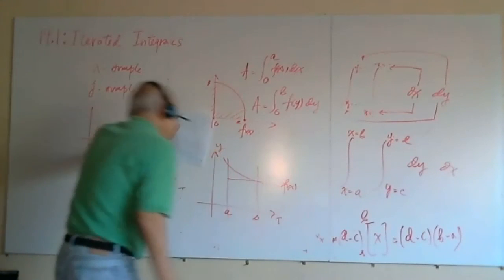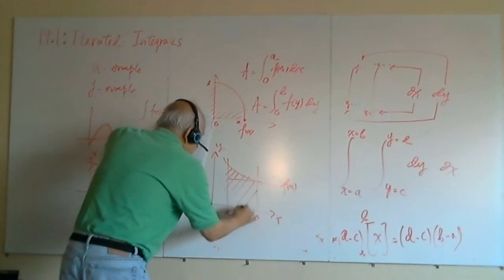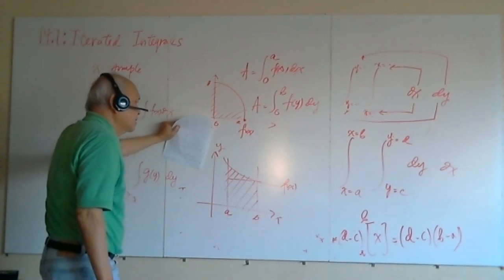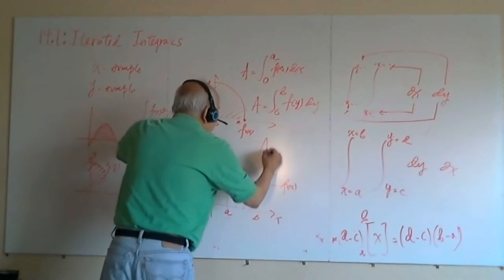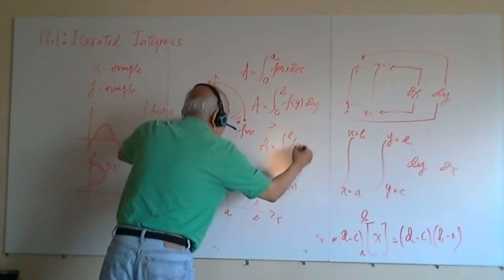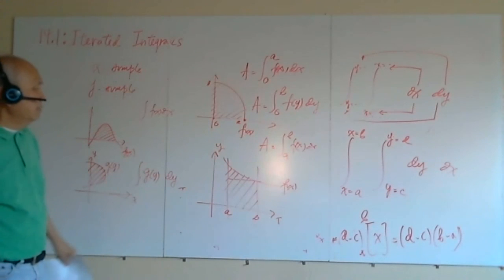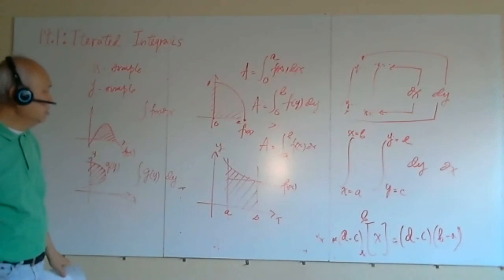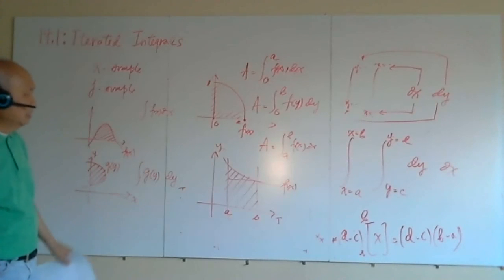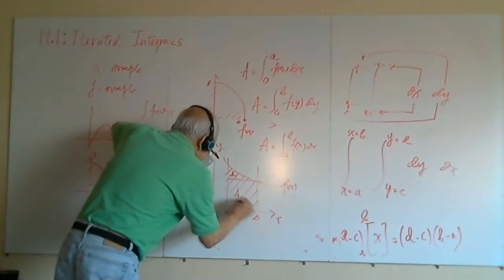To be sure, if you have to find the area shaded here, this is very X simple, because you can easily find the area equal to the integral from a to b of f(x) dx. That's it, it's very simple. But on the other hand, if you insist on using Y simple, you have to do it twice. So this one is A number 1, this one is A number 2.